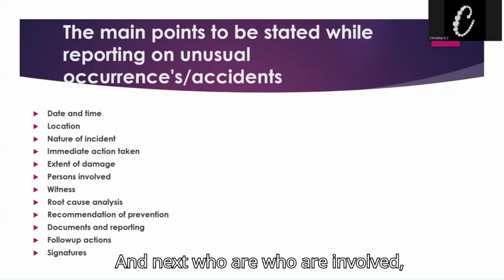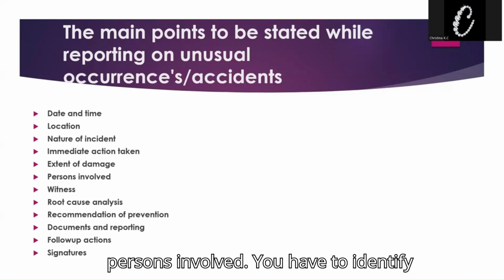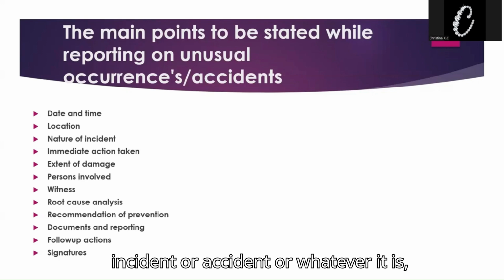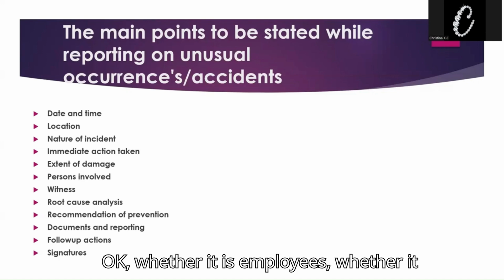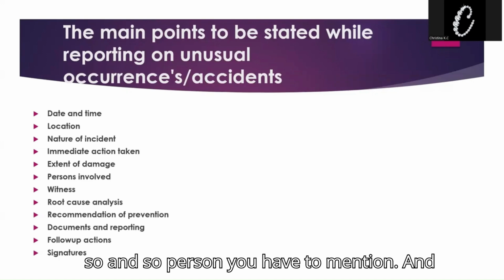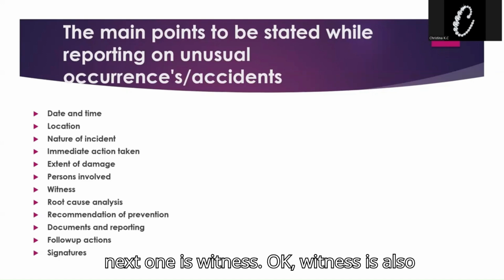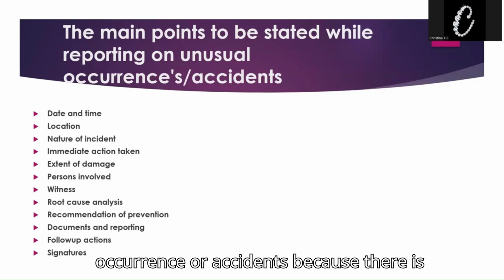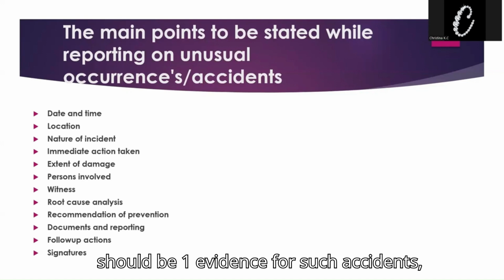And next, persons involved. You have to identify which persons are involved in the incident or accident, whether it is employees, contractors, or any other person, you have to mention. And next one is witness. Witness is also important in this unusual occurrence or accidents, because it should be one evidence for such accidents, right?